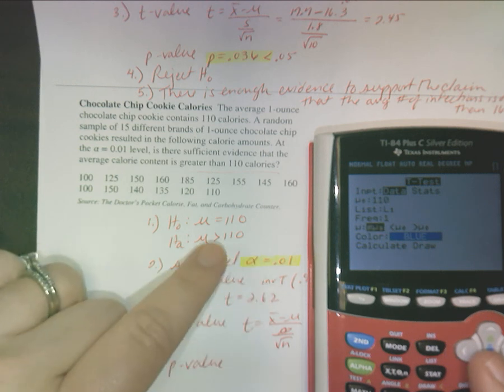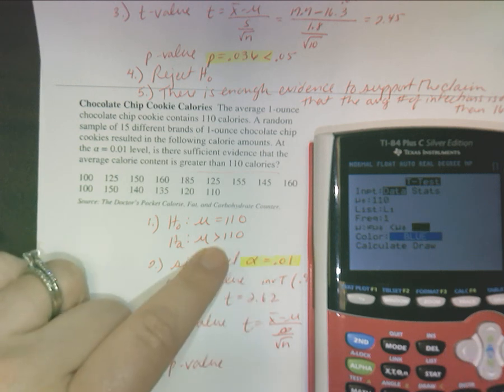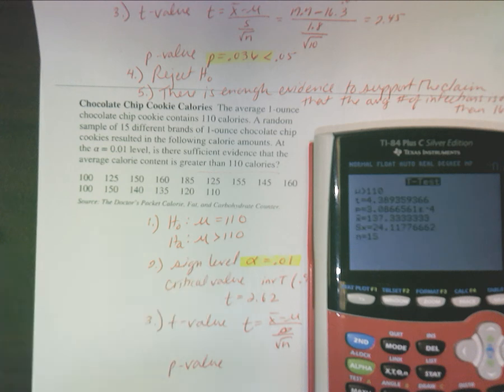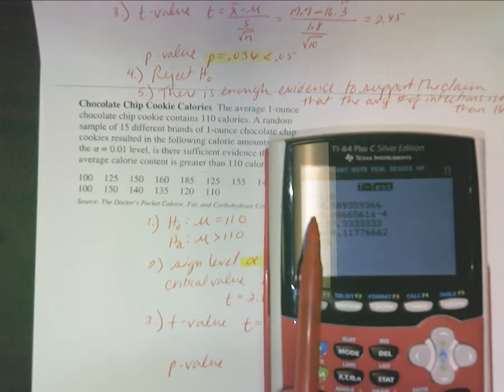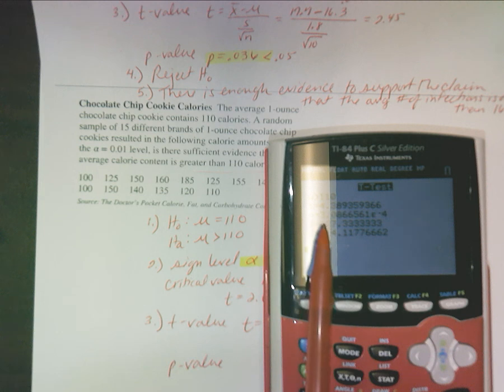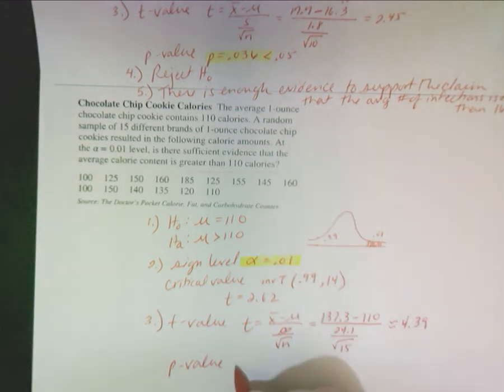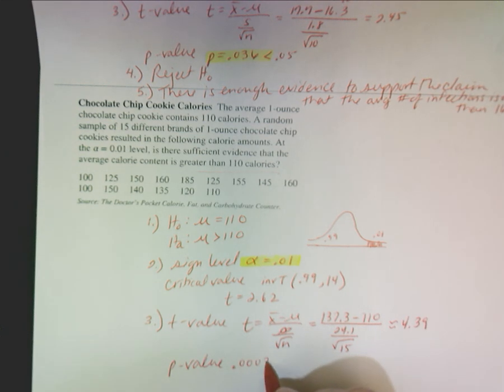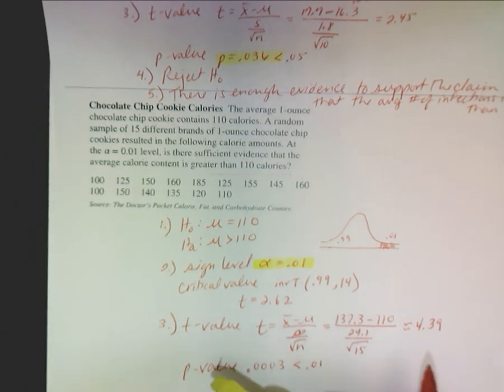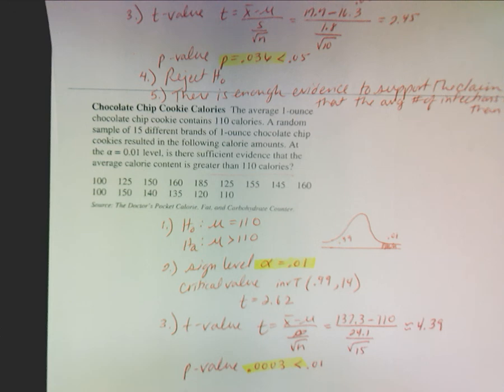And I want to make sure I choose the greater than. And look at here, what do we got? 4.39 is our t. Our p-value is 3.0 e to the negative 4. Ooh, that is tiny again. So 0.0003. Is that less than 0.01? You betcha. Okay.